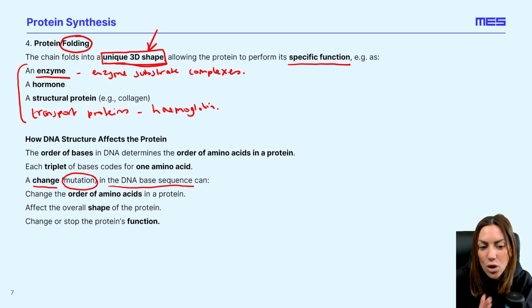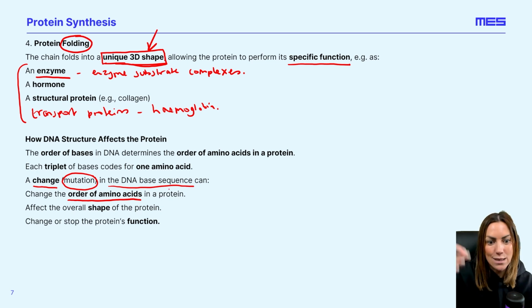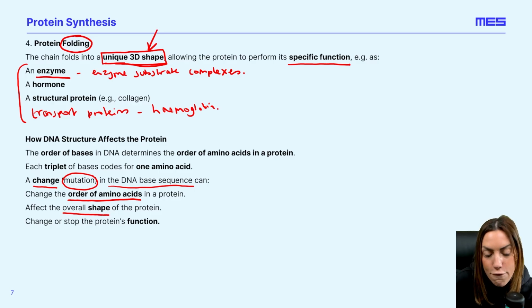If we change the order of bases in DNA, and that could happen randomly, right? Mutations are random. We change the order of bases in DNA, that would change the order of the amino acids in the protein. The amino acids would be put together in a different order. That could affect the overall shape of the protein, which could affect the overall function.